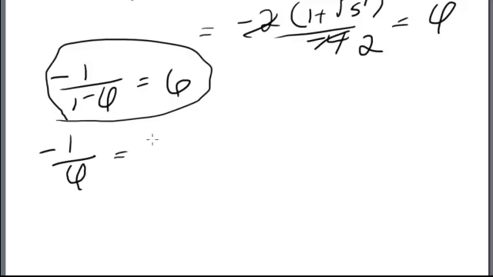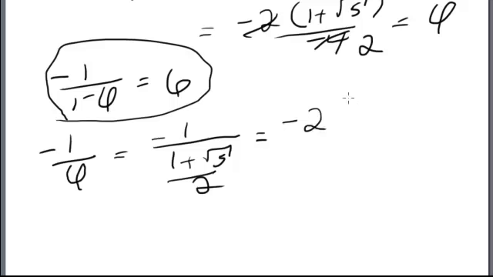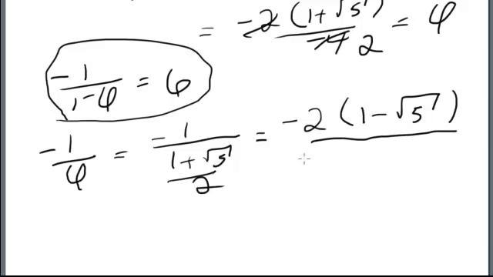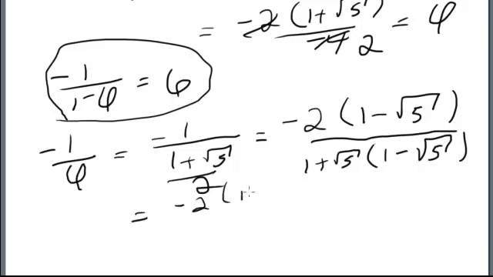Negative 1 over phi is negative 1 over 1 plus the square root of 5 over 2, and I'm going to multiply top and bottom, and then flip that 2 back up there. So that's going to equal negative 2 times 1 minus the square root of 5 over 1 plus the square root of 5 times 1 minus the square root of 5.